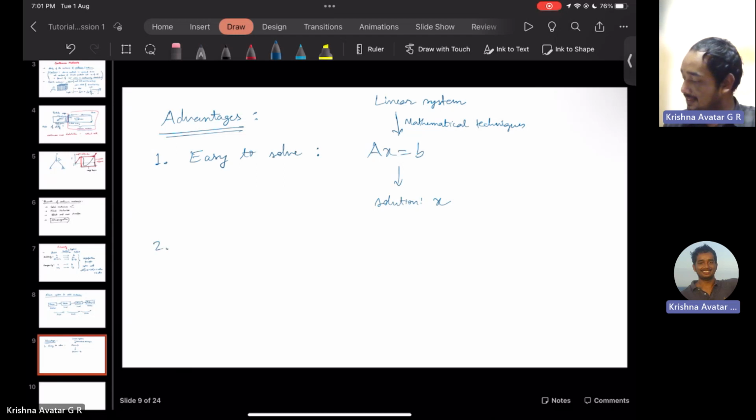And the second advantage is that it is a well-posed problem, and the solution is always unique.